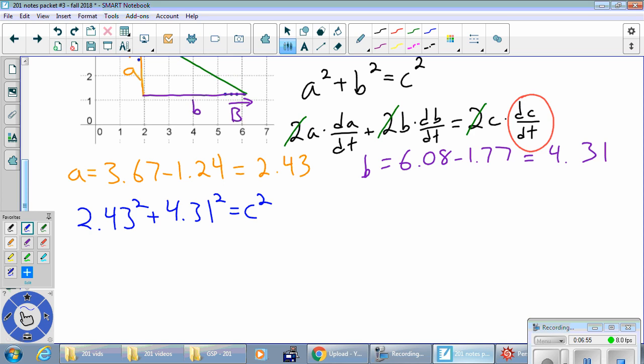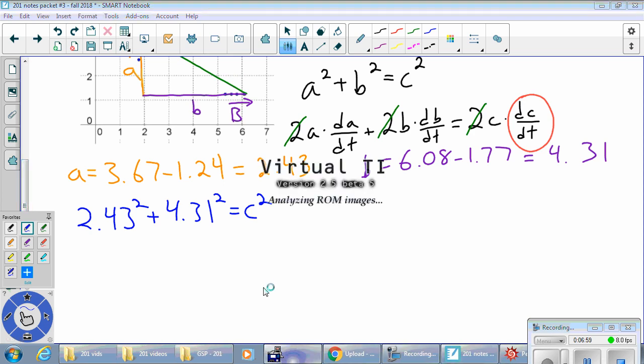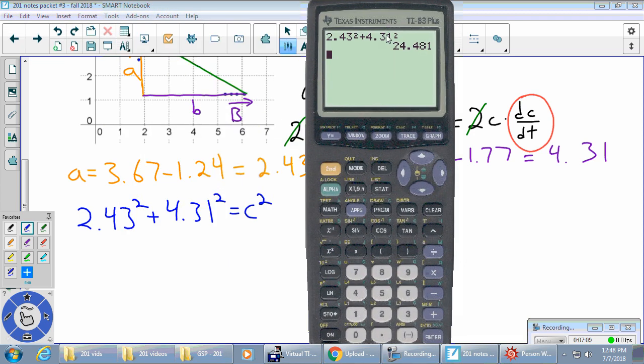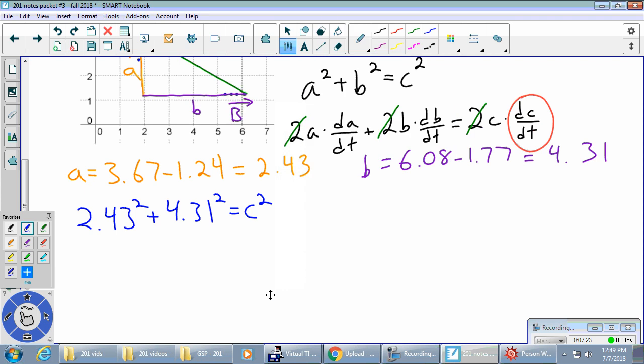And let's go ahead and use that to find the value of C. Okay, so that's C squared. We're doing the square root of that thing, so a little less than 5. Let's call it 4.95. I'm going to store this as C just in case we need it for a future calculation here. But we'll call it 4.95 when we write it down.